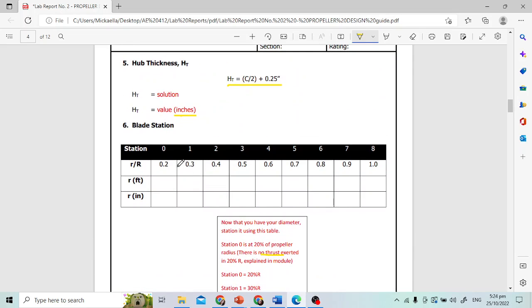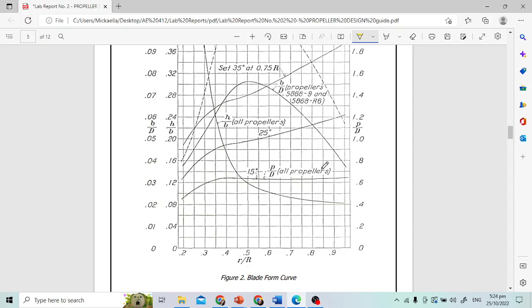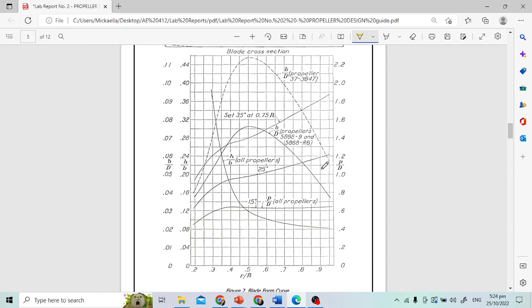Balik tayo. Yan, na-station na natin siya, na-indicate na natin yung 0.2, 0.3, 0.4. Now, as you may see dito sa ating curve, nandun siya sa baba, yung na-indicate natin na stations.